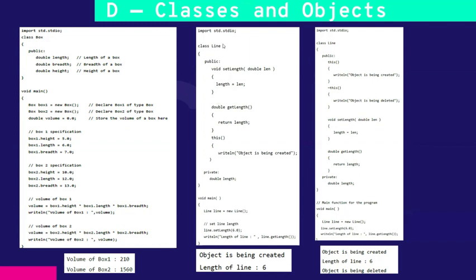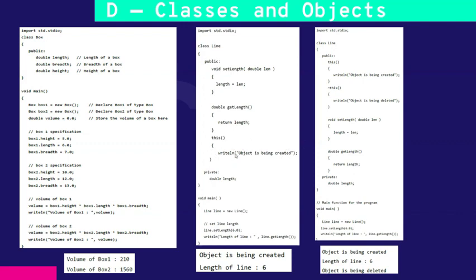In C++ we declare a constructor by the same name as the class, but here the difference is we have to use this followed by the parenthesis. So this is used for the constructor.